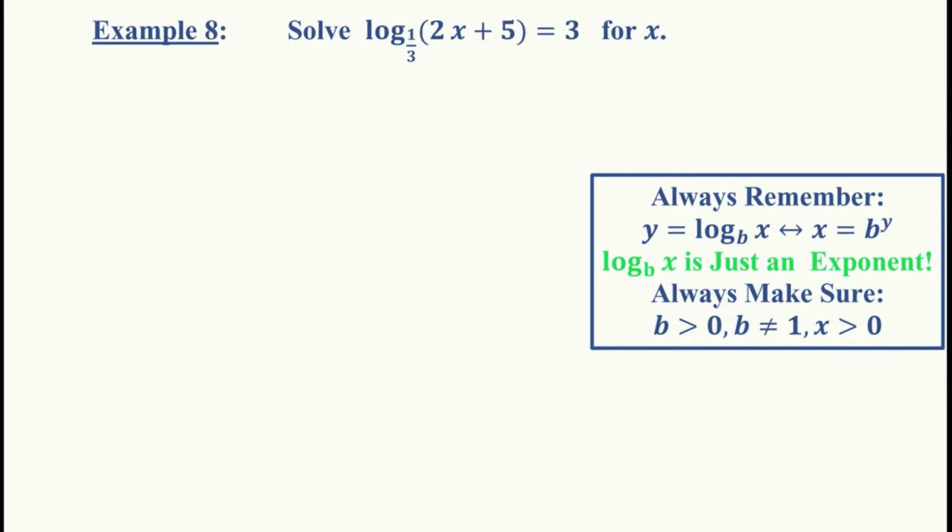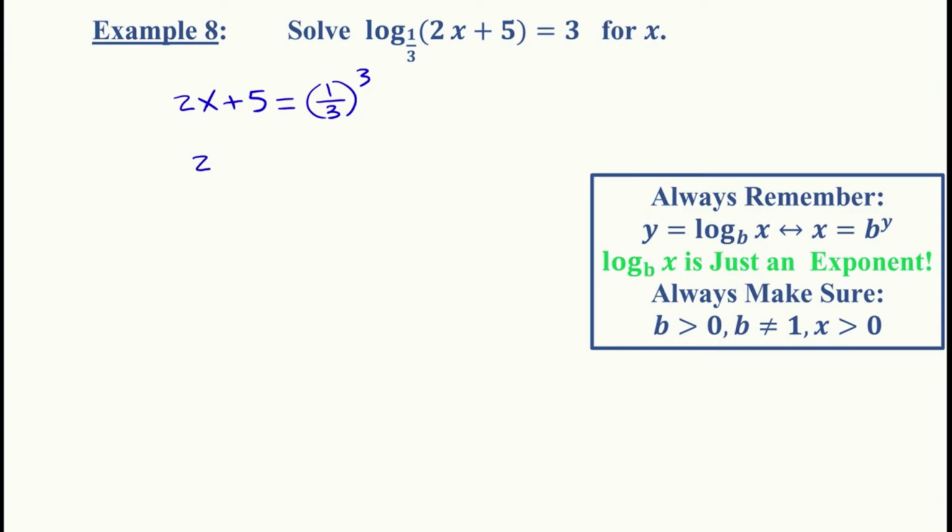All right, so here we have another problem with a fractional base. So we go ahead and convert it to exponential form. Let me go ahead and write the argument by itself on the left side this time, just for variety. And on the right side, we'll get the base to the power of the exponent, which is going to be the whole logarithm, like that.